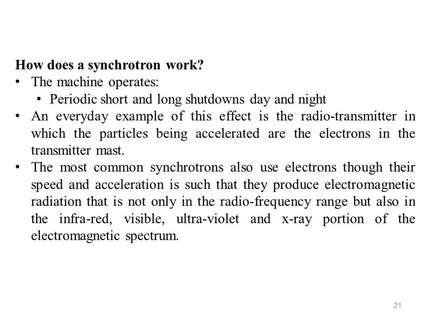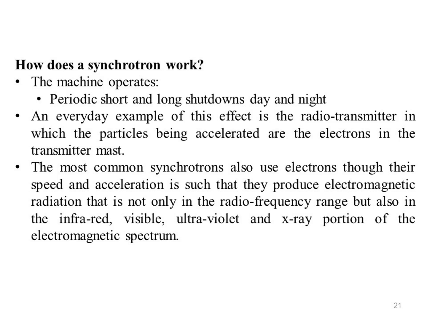It is a fundamental principle of physics that when charged particles are accelerated, they give off electromagnetic radiation. An everyday example of this effect is the radio transmitter, in which the particles being accelerated are the electrons in the transmitter mast. Here the acceleration is such that the radiation produced is in the radio frequency range.